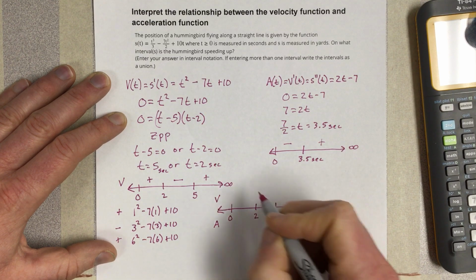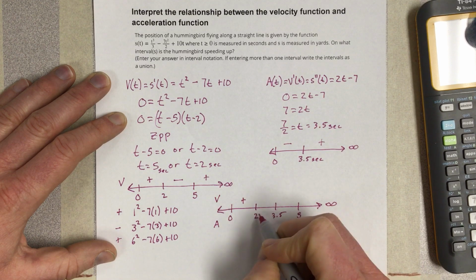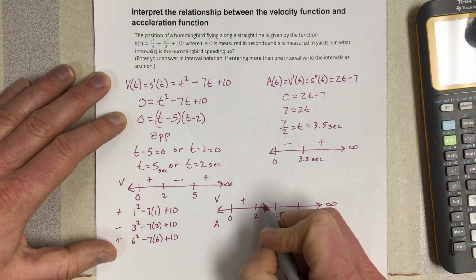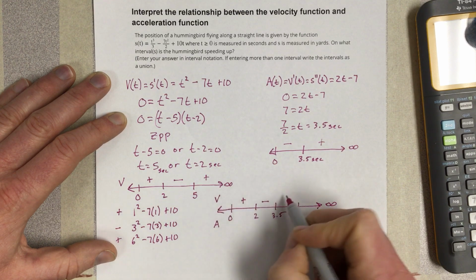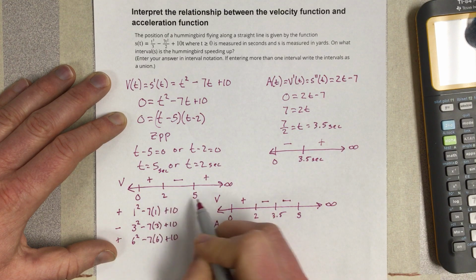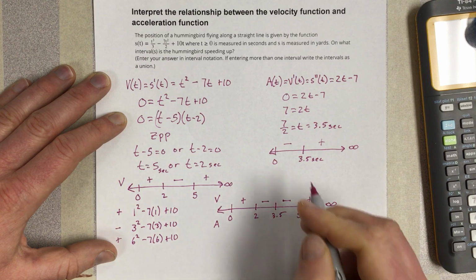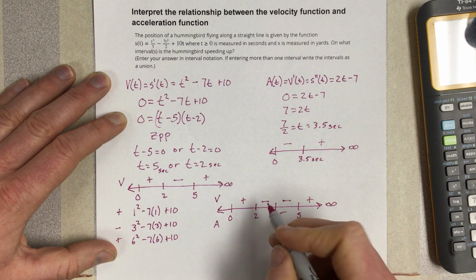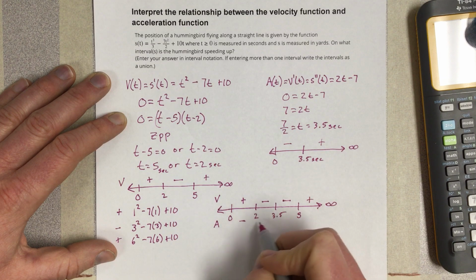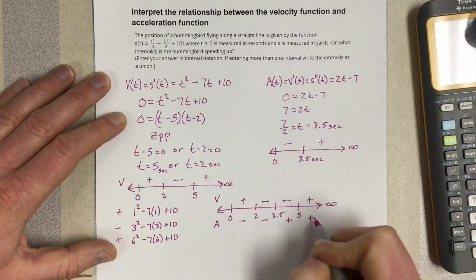So the velocity is going to go plus. No, it won't be. It'll be negative from 2 to 3.5. It'll be negative from 3.5 to 5, right? Because it's negative from 2 to 5. And then it's positive afterwards. And then for my acceleration, it's going to be negative from 0 to 3.5, and then positive afterwards.